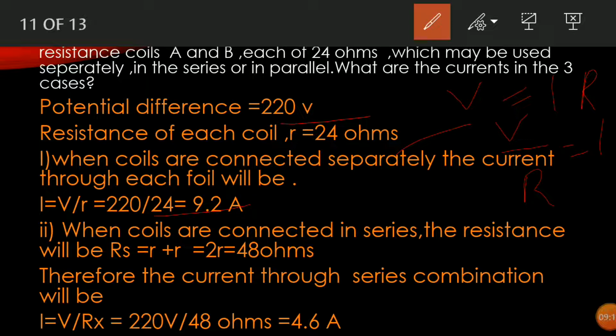So, we get 24 into 2, that is 48 ohms. Now, let's replace in the expression V by R is equal to I. So, we get 220 volts by 48 ohms is equal to 4.6 amperes. So, for the voltage of 220 volts and for the resistance of 48 ohms, we obtain a current of 4.6 amperes.